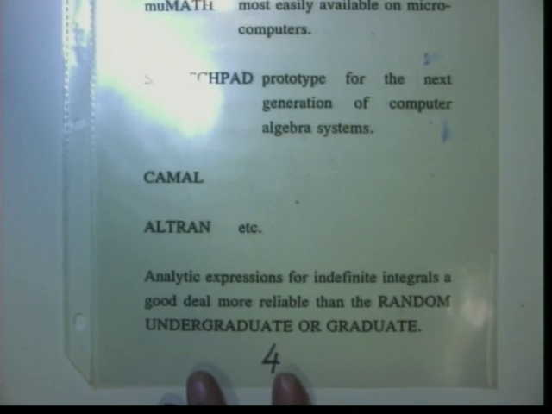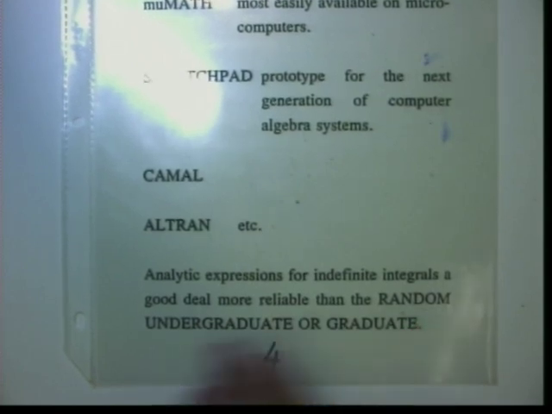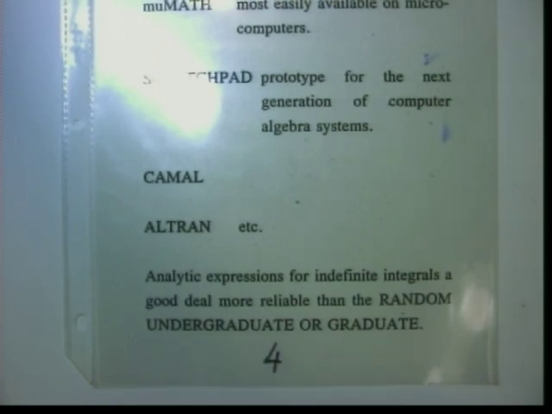Analytic expressions for indefinite integrals: a good deal more reliable than the random undergraduate or graduate. We're talking about randomly chosen. If you choose a random undergraduate or graduate student, then the computer performs that job better than that randomly chosen person.